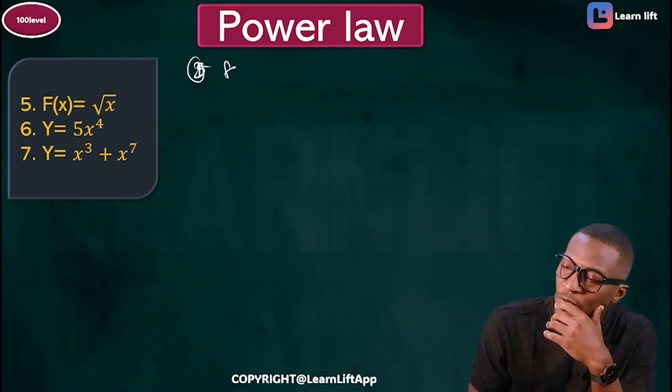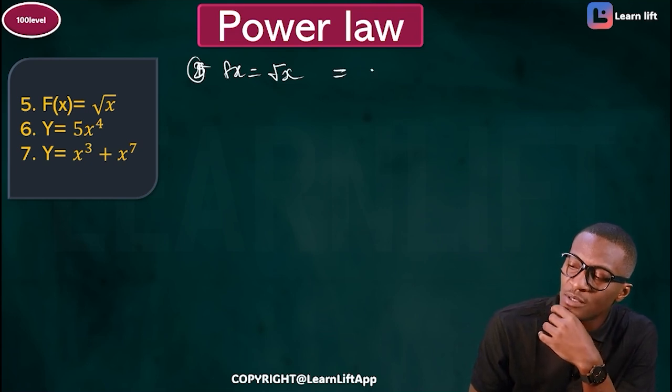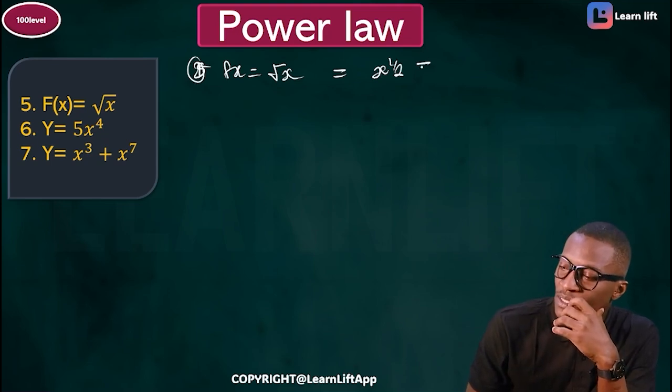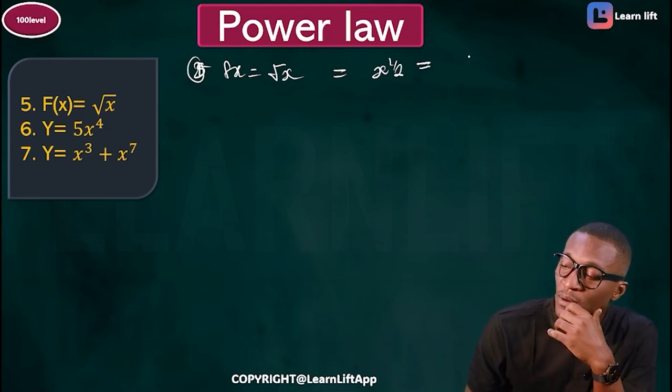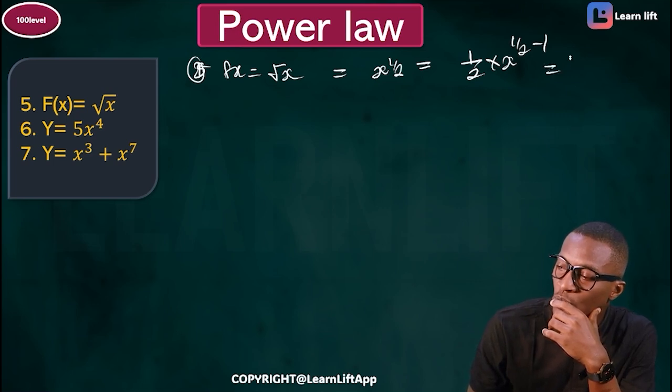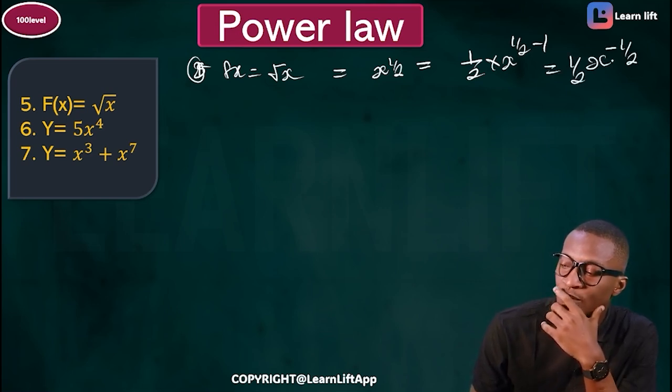We're given f of x is equal to root x. You agree with me that this is the same thing as saying x raised to power half. Is that correct? So from here now, we can practically say multiply the power of the function, that's 1 over 2, times x raised to power 1 over 2 minus 1. And that will give us 1 over 2 x raised to power minus half.